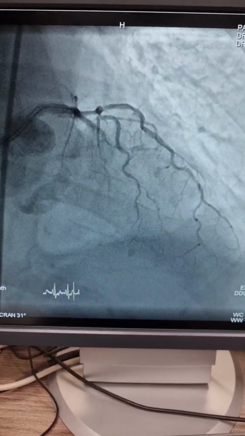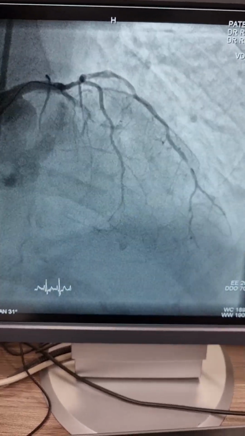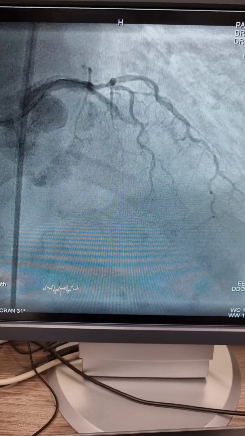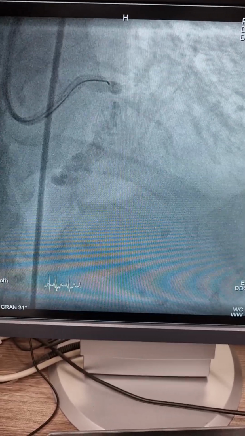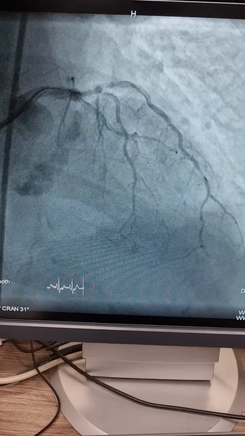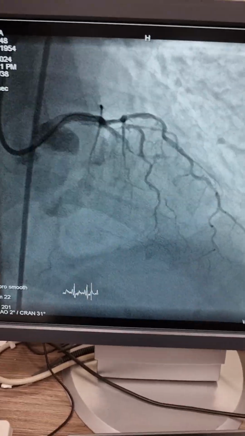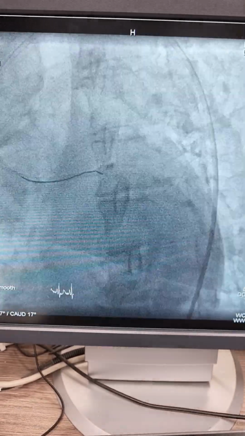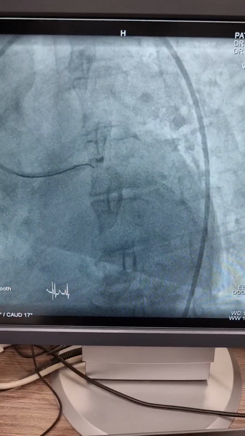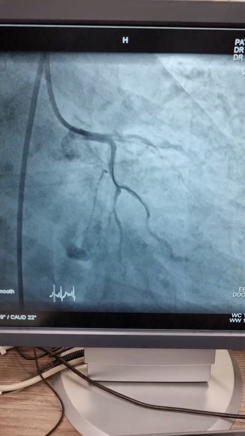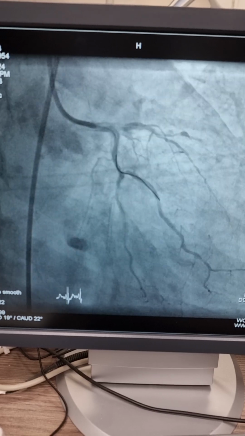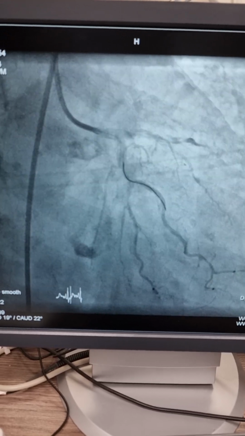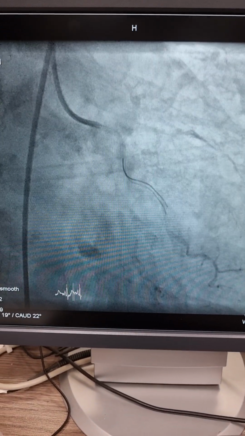So PCI seemed to be the better option, so I went ahead, took an XB3.5 guiding catheter, took in a Pilot 50, 0.014, 190 centimeters guide wire, and tried negotiating the lesion, but the lesion was not crossable.